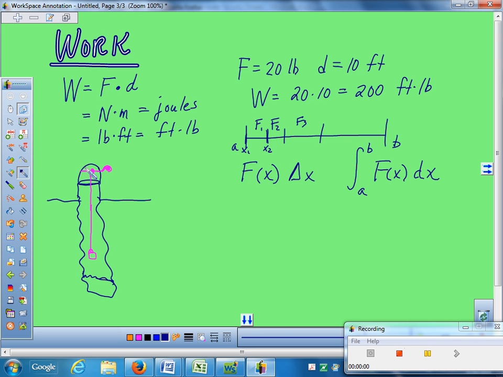The well is 40 feet deep. The bucket weighs 30 pounds when it's full. So that's an important piece of information.